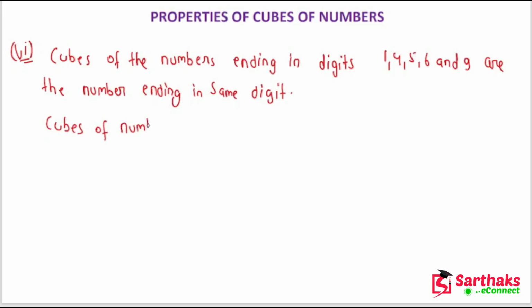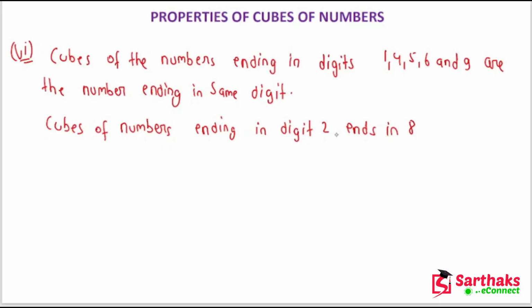Further, this says that cubes of numbers ending in digit 2 end in 8. That is correct, because 2 cube equals 8.